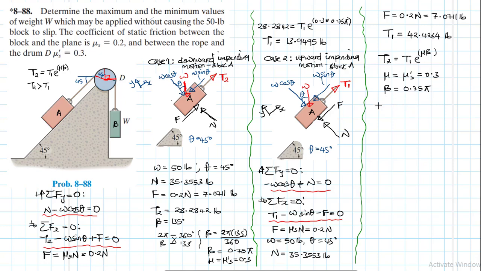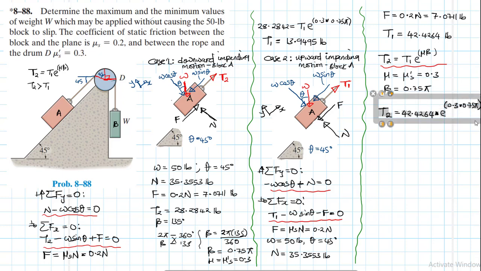Plugging all these values in this equation, we are going to have T2 is equal to T1, and T1 is 42.4264 times e to the power 0.3 times 0.75 pi.